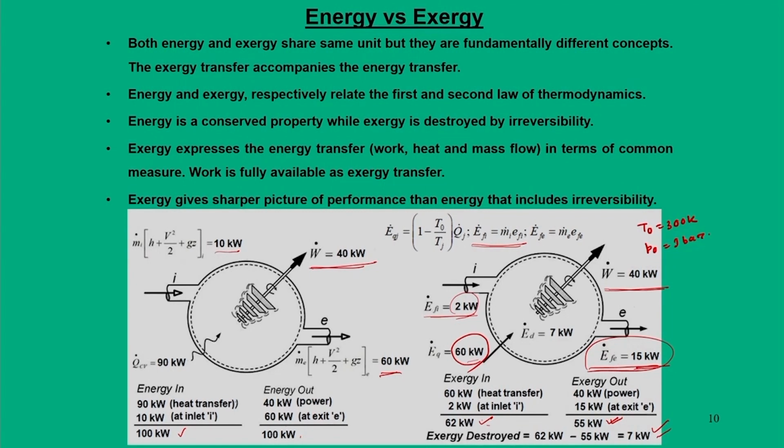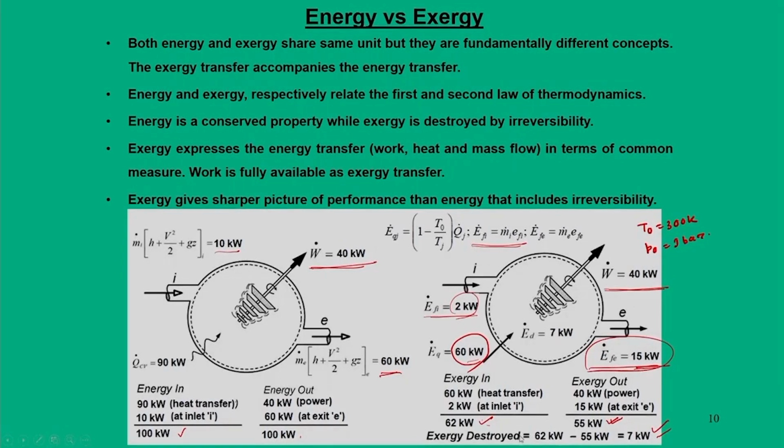Why is this analysis important? Because when you design thermal systems, apart from energy analysis, we must do the exergy analysis. When you design these systems, you have to do it in such a way that there will be minimal destruction of exergy.